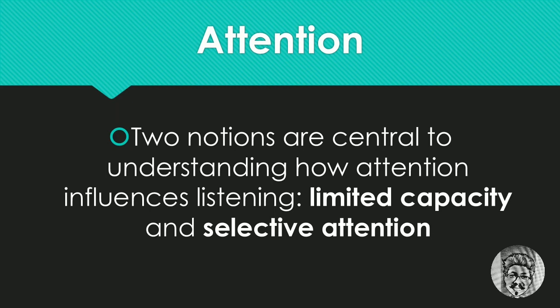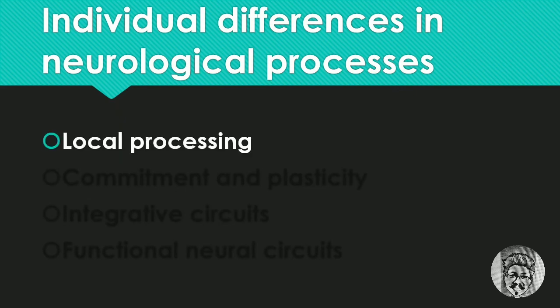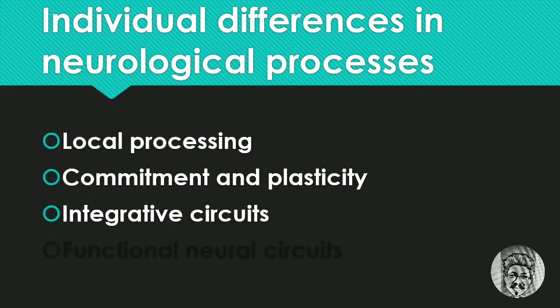Okay, so those are the two elements that we have to consider when we talk about the listening process, consciousness and attention. Well, sebenarnya ada lagi materi tentang individual differences in neurological processes.